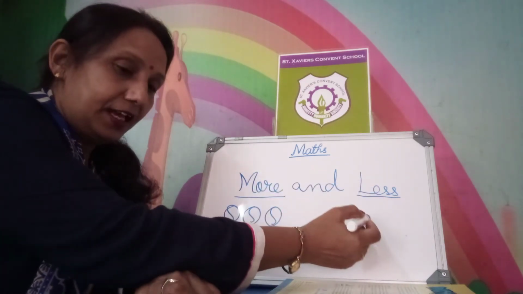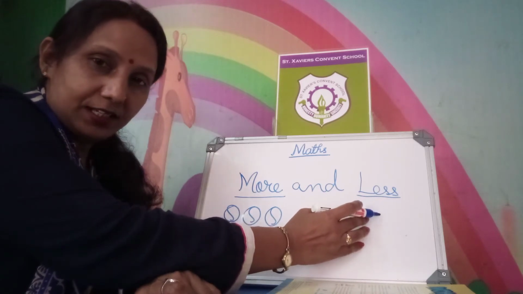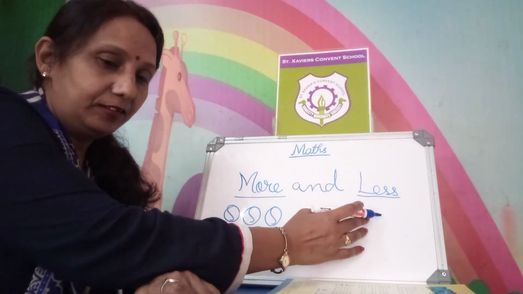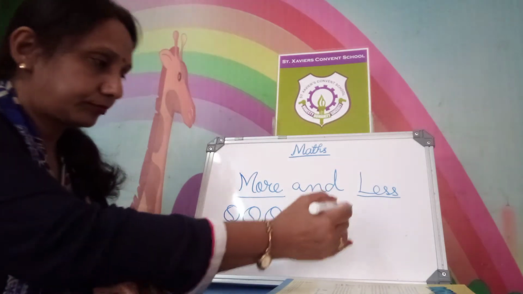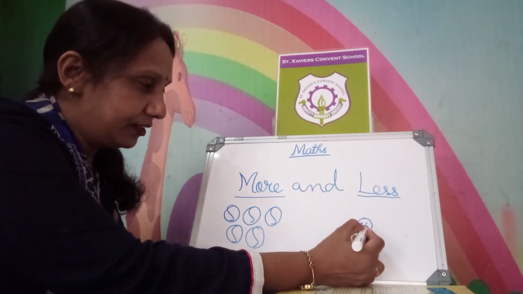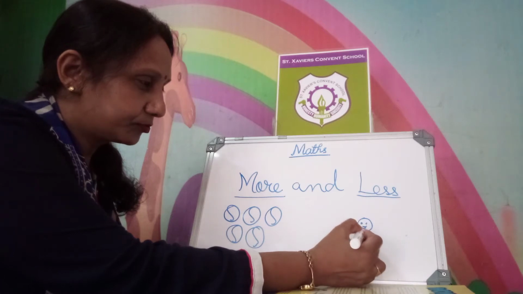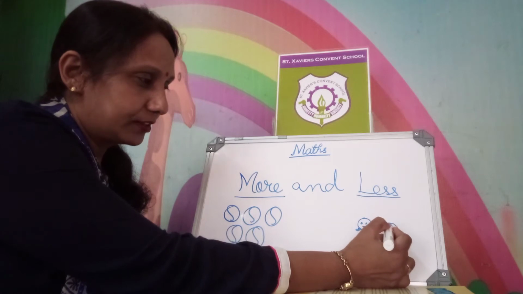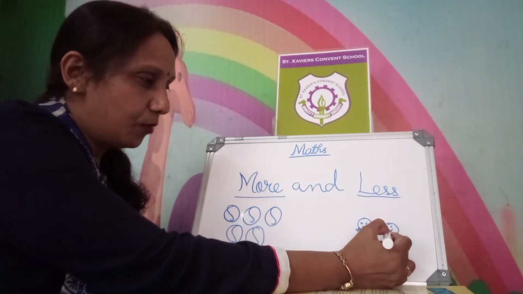And here you see where it is written less. Just see there. One toy, two toys. How many toys are there? 2 toys.